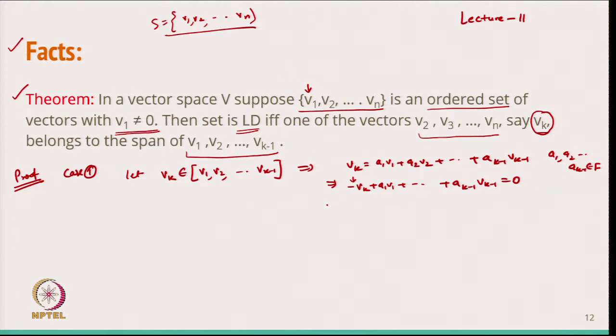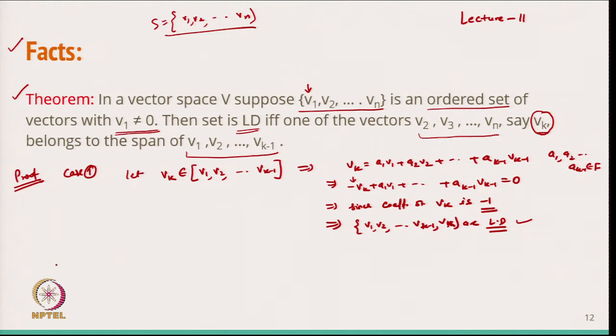Since the coefficient of Vk is minus 1, the set of vectors V1, V2 up to Vk minus 1 and Vk is linearly dependent. That is what we wanted to show: if this holds, then the set is linearly dependent. So, one part is okay.